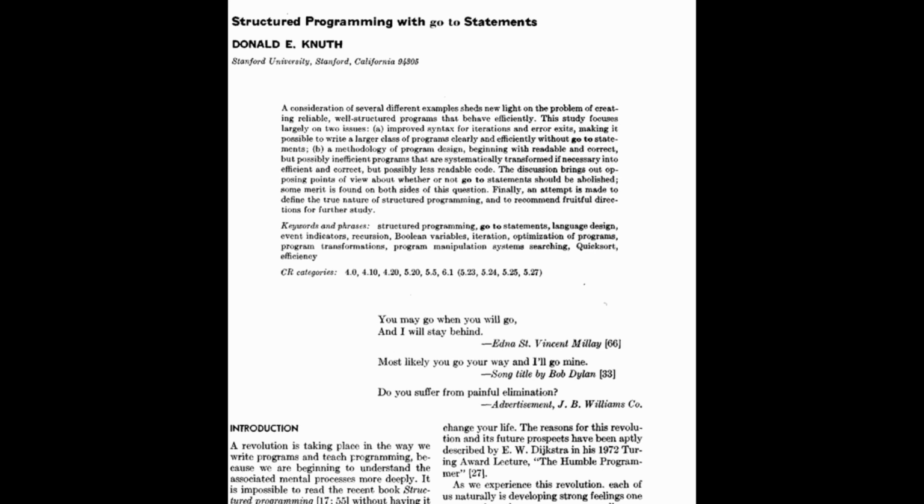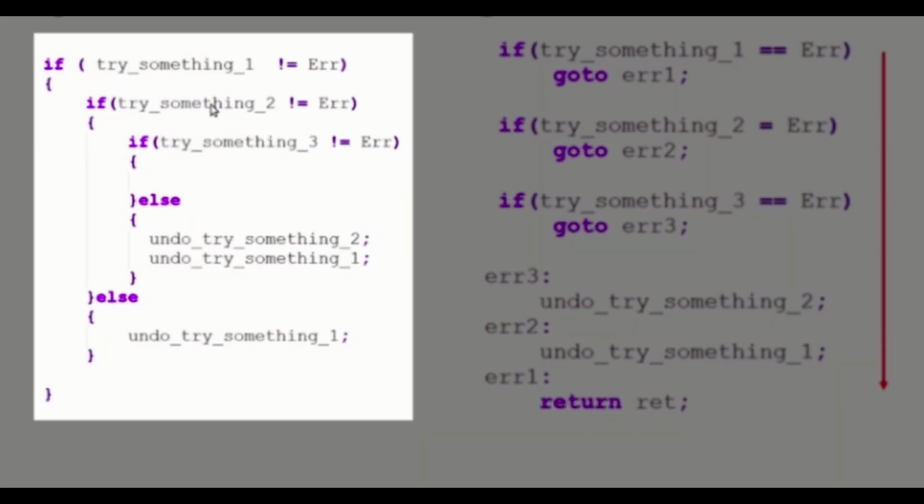If you get a chance to look up the Donald Knuth paper. And if you look at this example here on the left, you have multiple nested if statements, and then you're going to go to different error conditions. But if you do look at it on the right with the goto statements, which one would you rather see? The one on the right is cleaner, easier to understand.